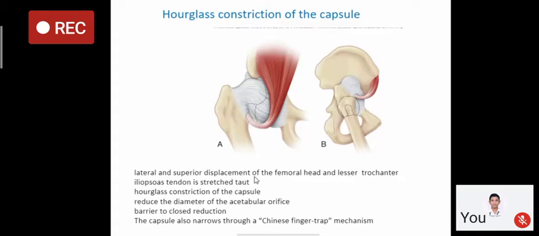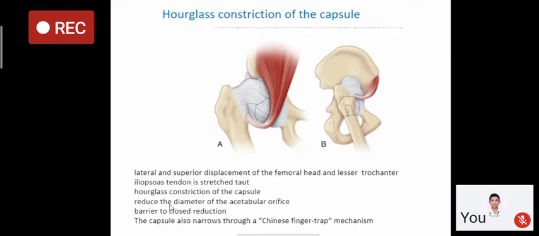Now, if you have any slight image of the anatomy in your mind, this is iliopsoas tendon, which is attached to the lesser trochanter, and this acts as a constriction ring between the acetabulum and the head of the femur.